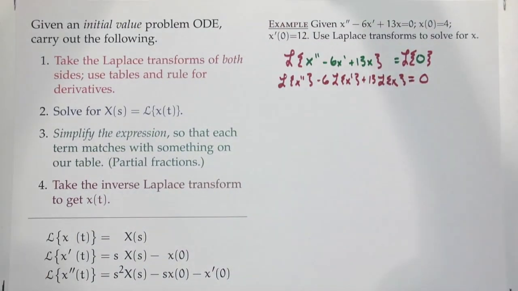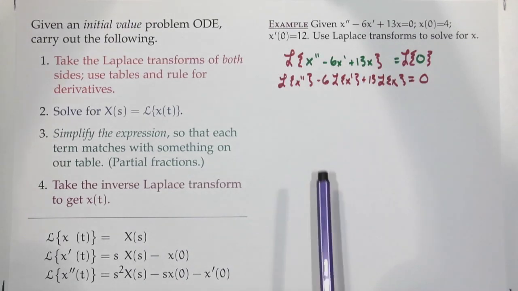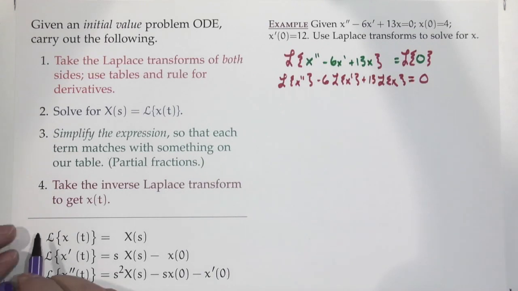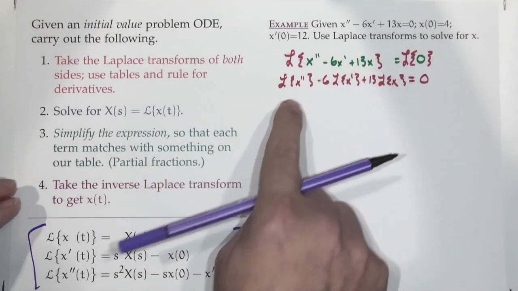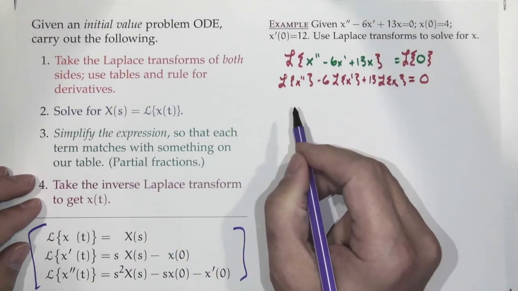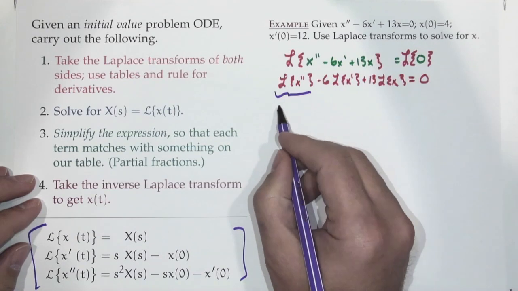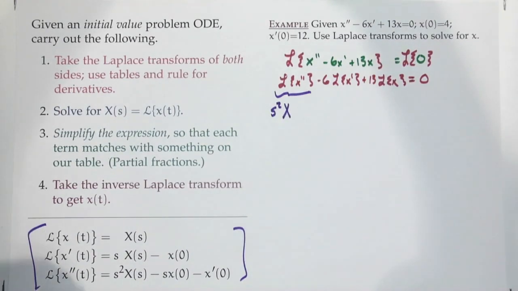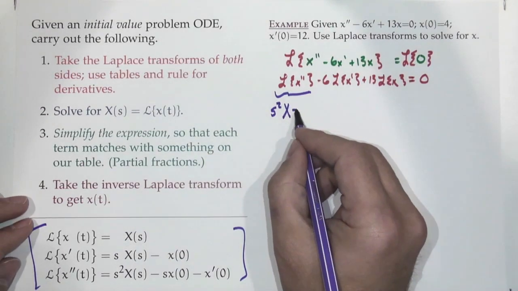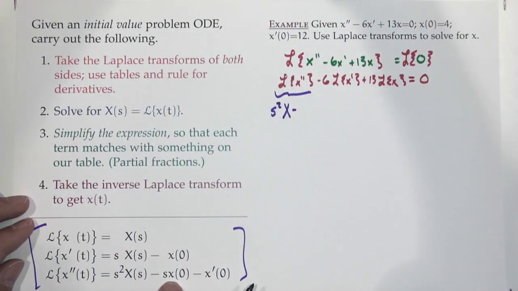Okay, and now we start just working our way through this. When I say work our way through it, we come down to our rules for derivatives. So the Laplace transform of x double prime would be s squared capital X. I'm using the capital here to indicate that's the Laplace transform of it, minus s times x of 0.